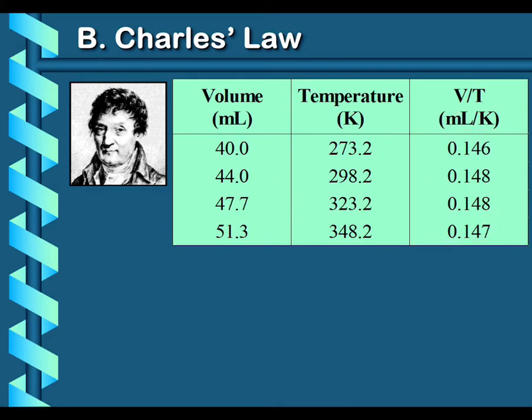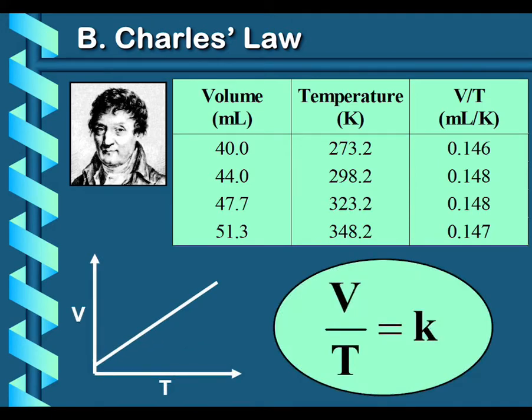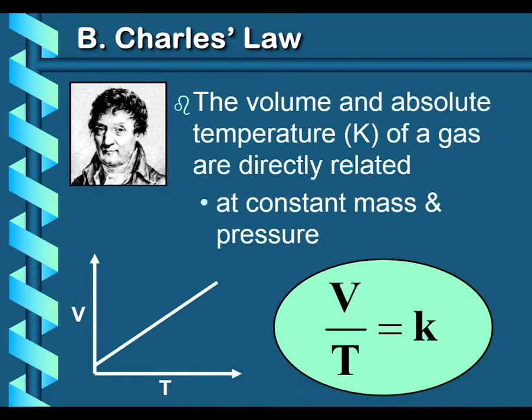Since they move in the same direction, increasing together or decreasing together, you would get a linear graph. Volume divided by temperature is equal to a constant value for a given substance. Hold mass and pressure constant.